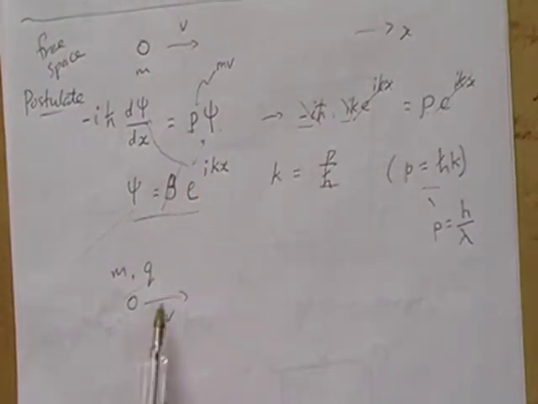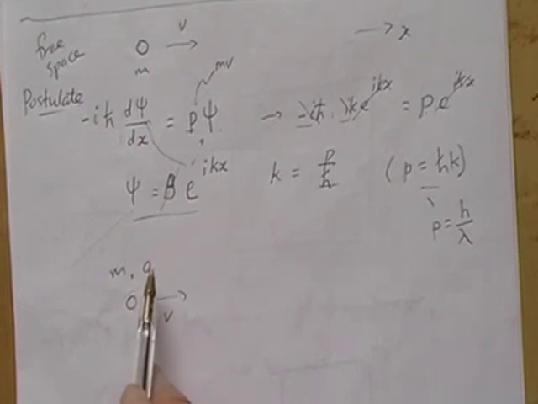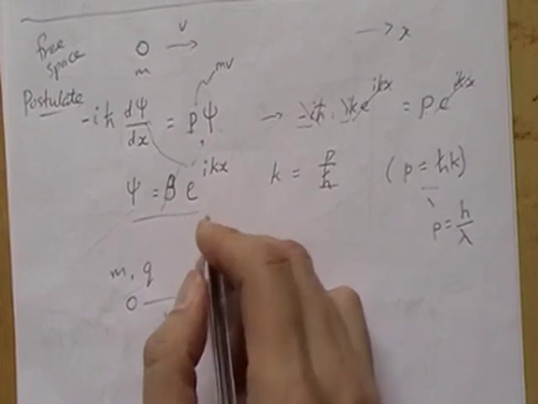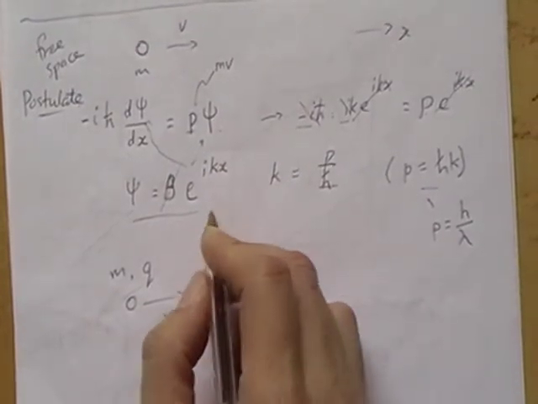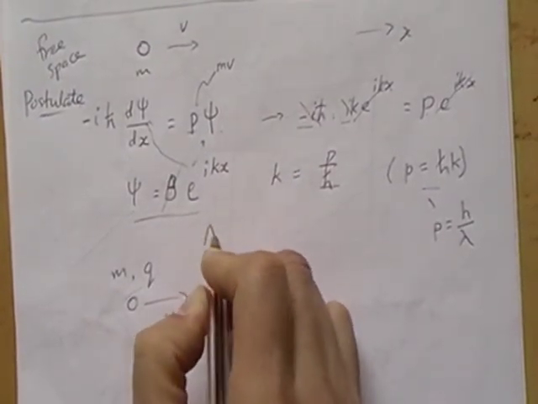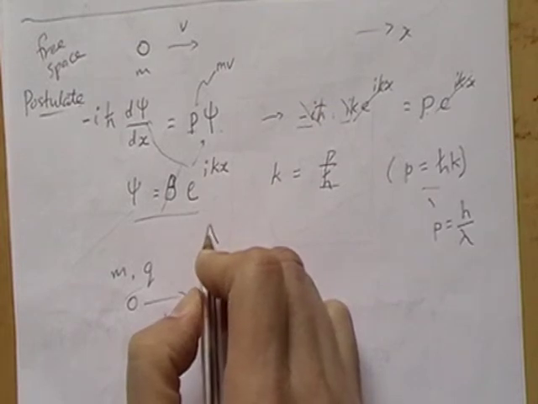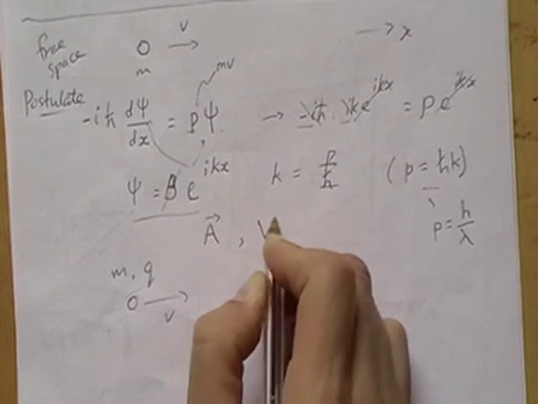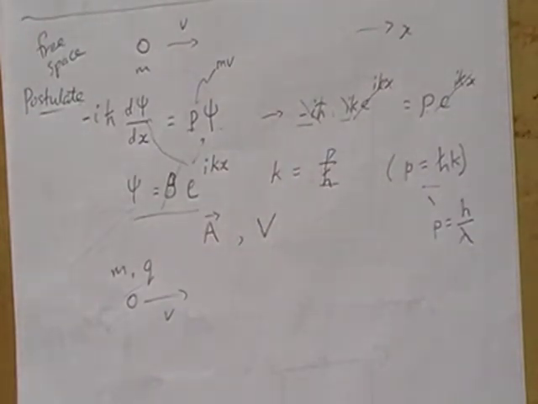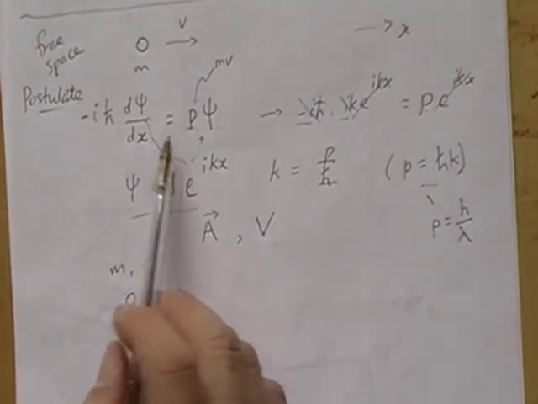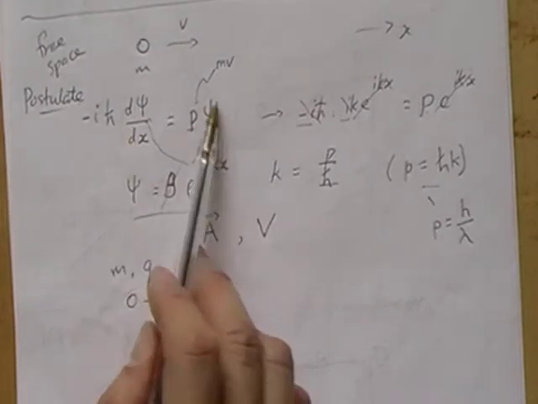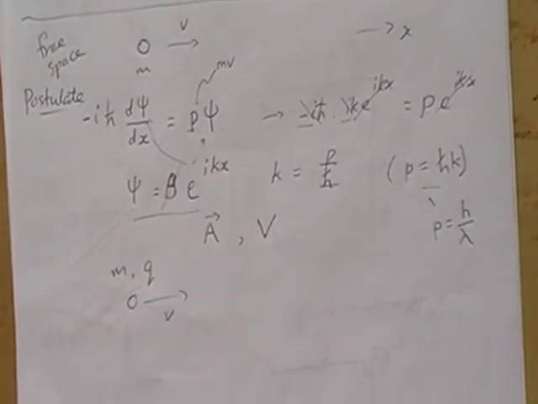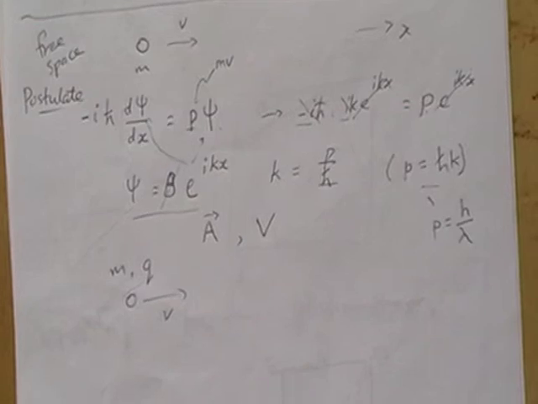So in the case where the particle has a charge and is in an electromagnetic field with vector potential A and an electric potential V, let's look at how this postulate, how this equation would change.